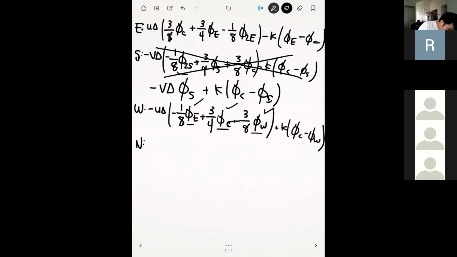And then finally, we have the north integral. It's going to be v delta times minus 1/8 phi south plus 3/4 phi sub c plus 3/8 phi sub n, and then our diffusion term.